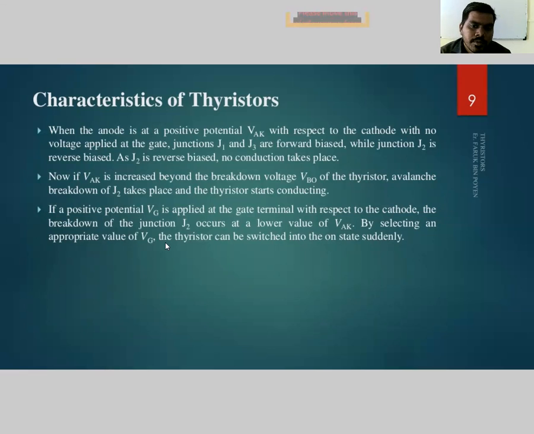Due to the VG voltage, the breakdown of J2, the reverse biased junction, occurs at a very low voltage. Okay, so that's why the gate terminal is important. By selecting an appropriate value of VG, the thyristor can be switched into the on state suddenly.